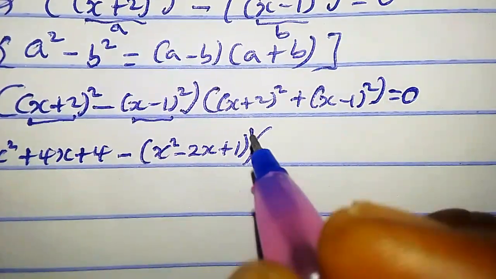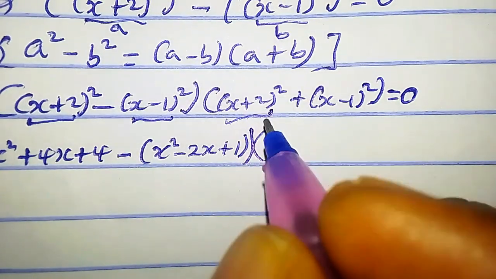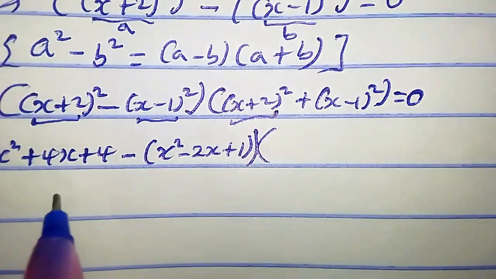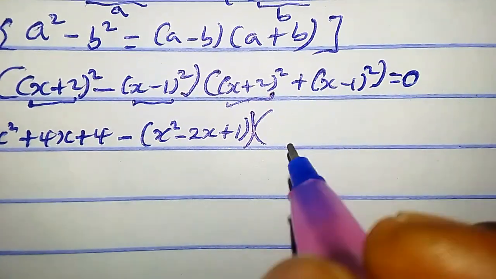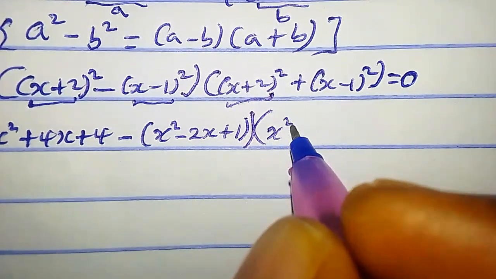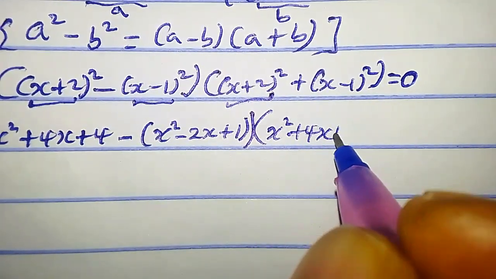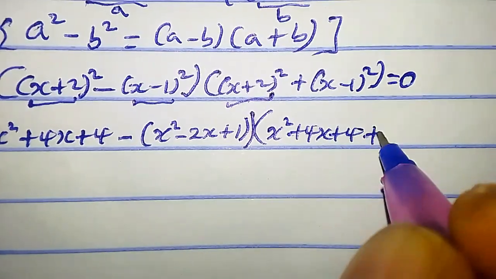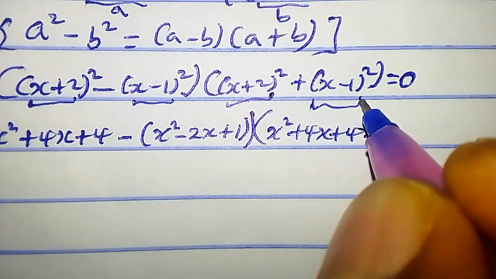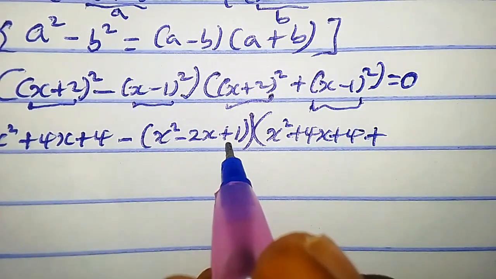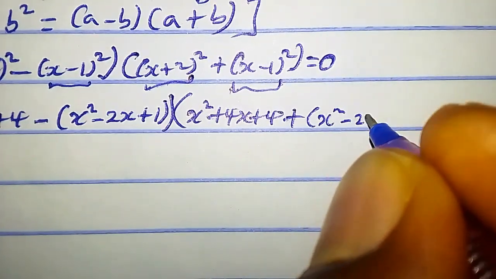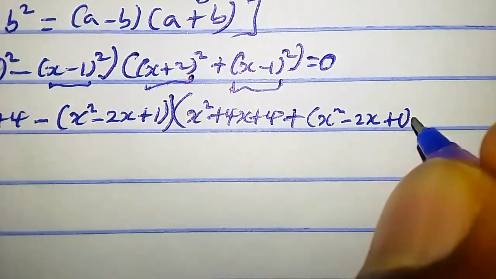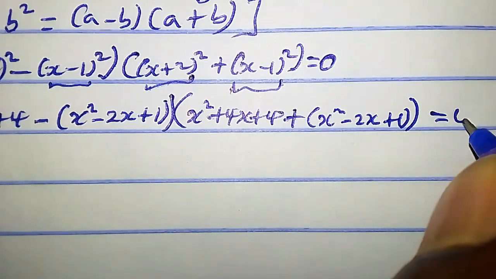Times, now let's expand this very well. We are going to have the same thing we have here, x squared plus 4x plus 4, plus, expanding this also very well, x squared minus 2x plus 1 equal to 0.